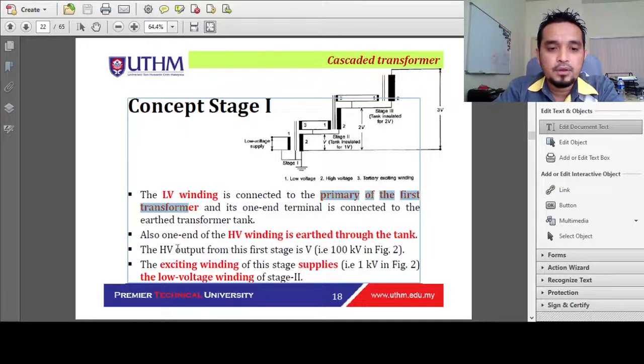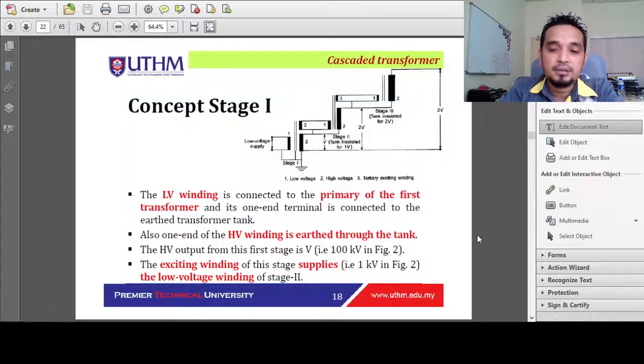The high voltage winding is connected to the tank. Take note of this one: the exciting winding of this stage supplies 1 kilovolt to the low voltage winding of the second stage. This is exactly what I explained before.